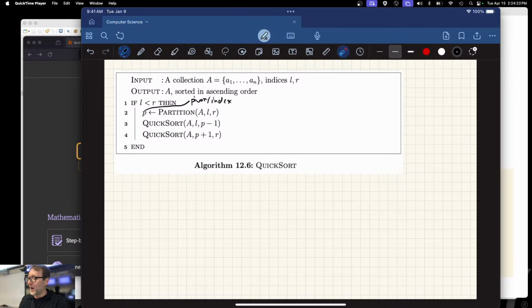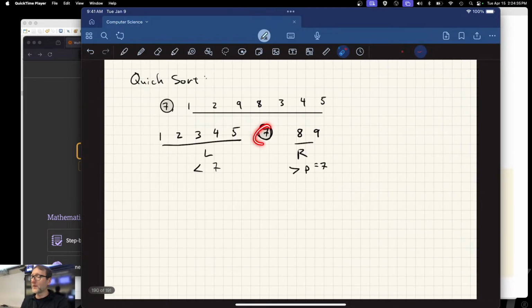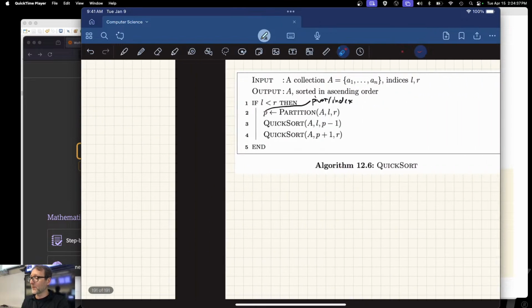And then it recurses on the left half, it recurses on the right half. Note here that we go with P minus 1 and P plus 1 because we never touch that pivot element again because it's where it needs to be. It's right in the middle of everything.